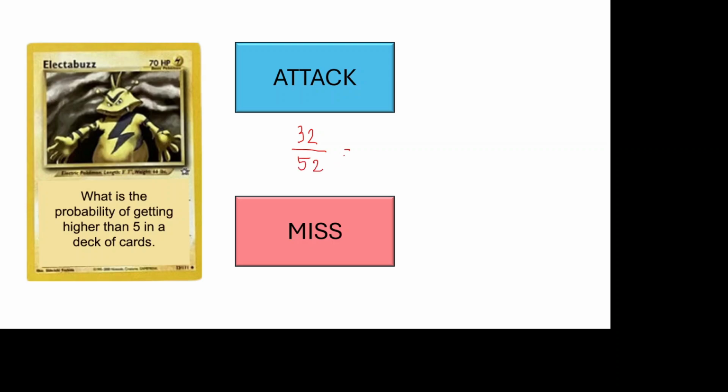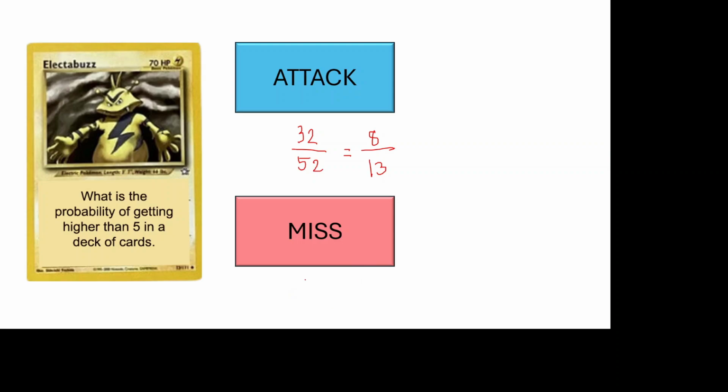And they are both divisible by 2. So if we simplify this, well, actually they are both divisible by 4. So if we simplify this will be 8, and this will be 13. So 8 over 13. However, there are games in which the Jack, Queen, King are not considered higher than 10.